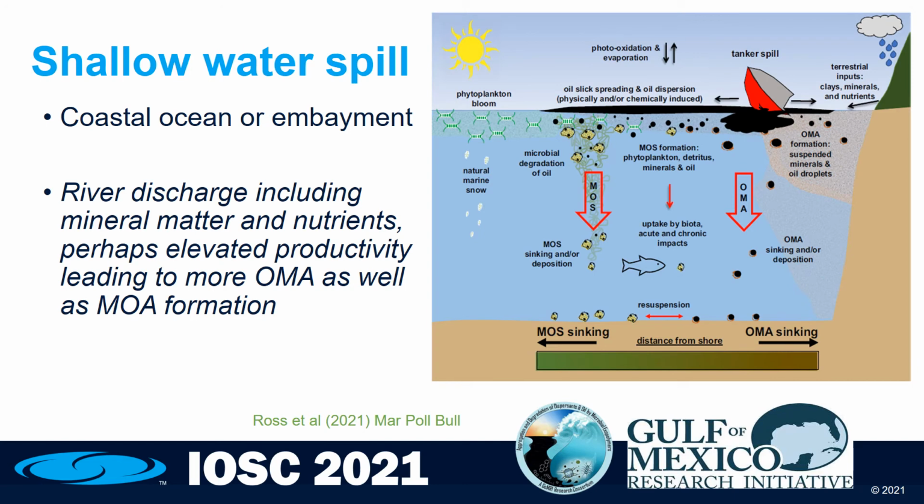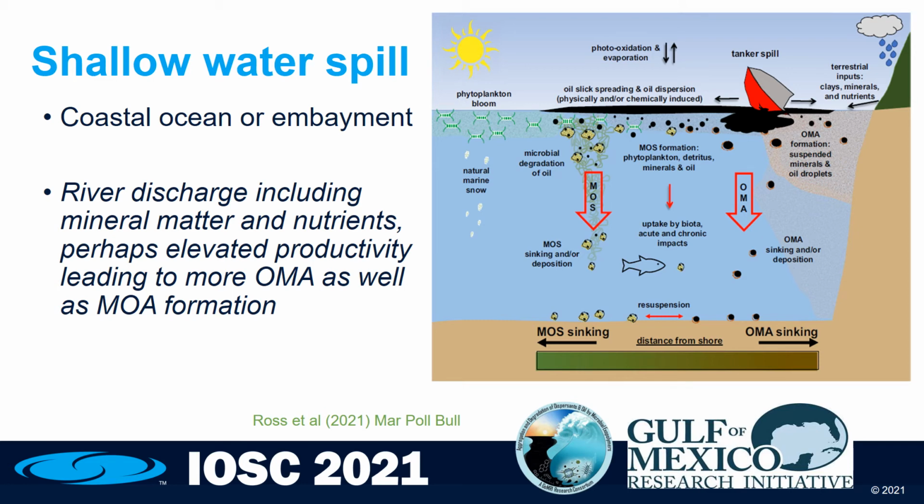In a very different scenario, such as a spill in the coastal ocean or in an embayment, we postulate that you will see MOSSFA events taking place, and given that it's less likely that dispersants will be applied because we're so close to the shoreline, we are not going to see dispersant-driven MOSSFA events.